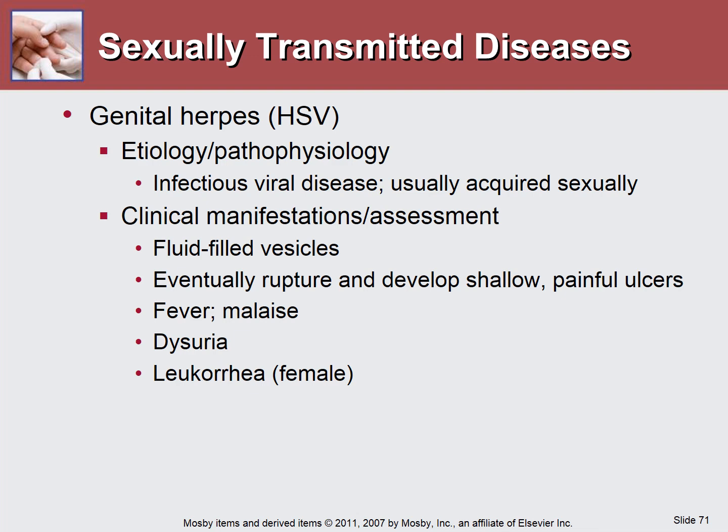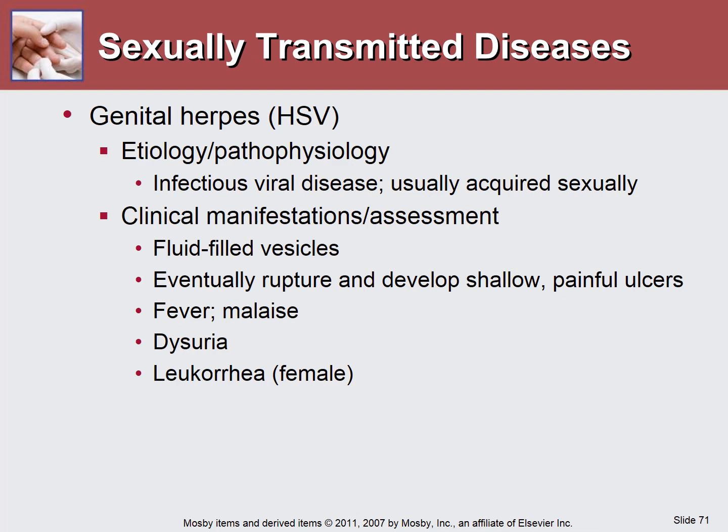Genital herpes is an infectious viral disease, usually acquired sexually. There's type 1 and type 2. Type 1 is the cold sore. Type 2 is genital, but they can interchange. Clinical manifestations: there are fluid-filled vesicles, and generally a tingling sensation. The first eruption is usually more painful, with tingling at the site of exposure.